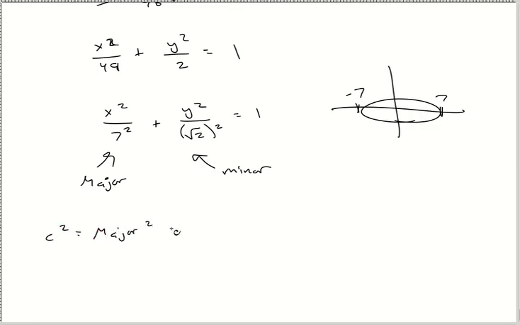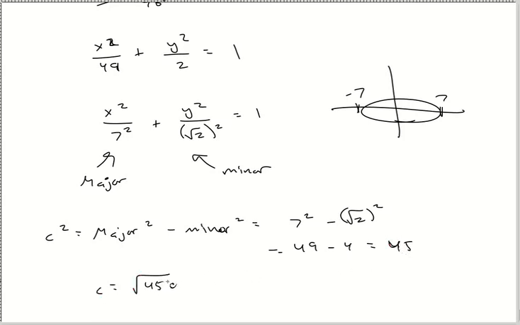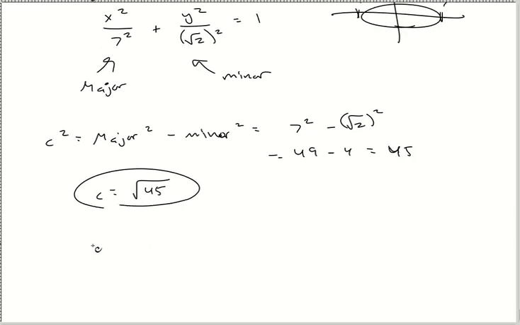So again, the major squared minus the minor squared. So we have 7 squared minus the square root of 2 all squared. 49 minus 4 is 45. Again, that's c squared, so c is equal to the square root of 45. We'll be using that here in a minute.